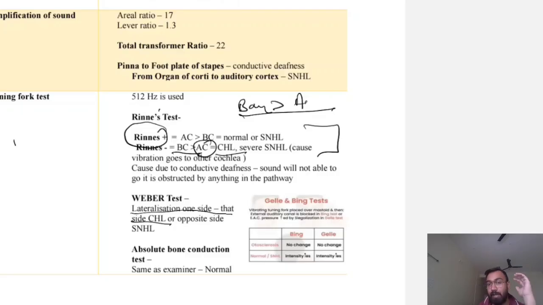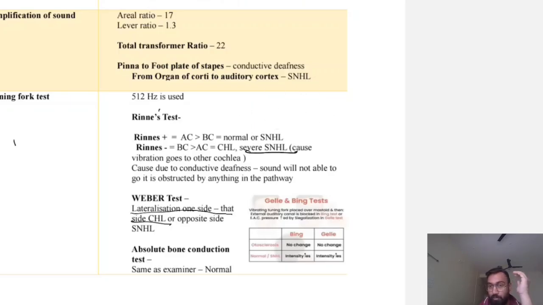So the air pathway is intact, so sound can directly go to the inner ear. In case of sensory neural hearing loss and in a normal person, air conduction is better than bone conduction. Now let's talk about a patient who has severe sensory neural hearing loss.